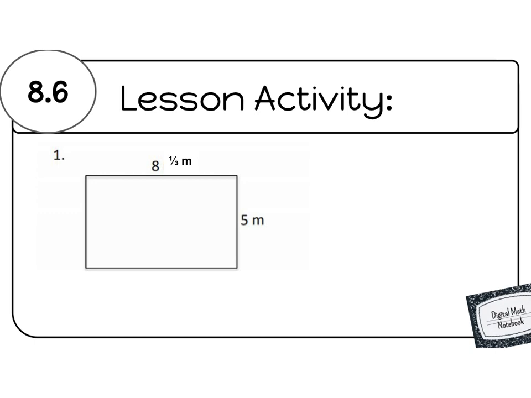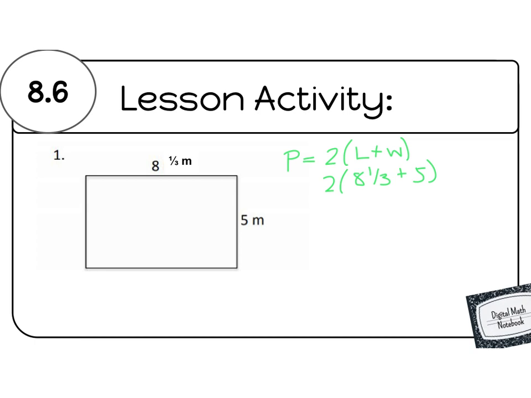All right, friends, time for our lesson activity. Perimeter is really easy when we have whole numbers, but when we add fractions into the mix, we got to bring back our fraction skills. So if we're going to do perimeter equals 2 times the length plus the width, then that is going to be 2 times 8 and 1/3 plus 5.